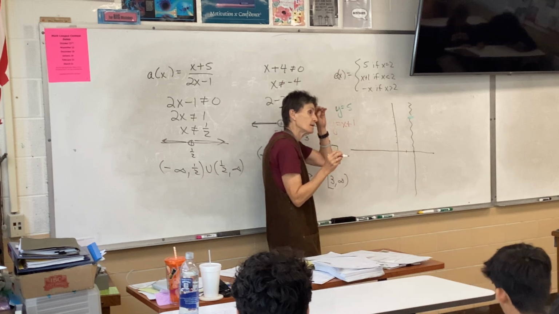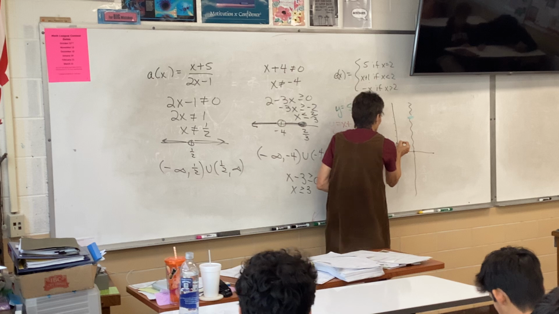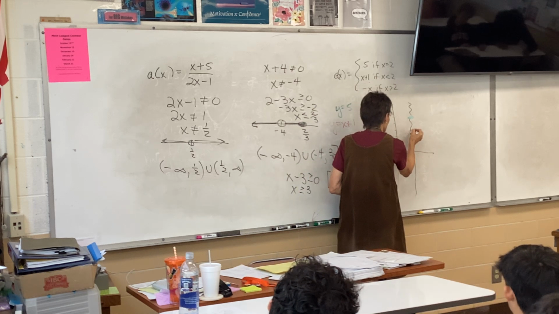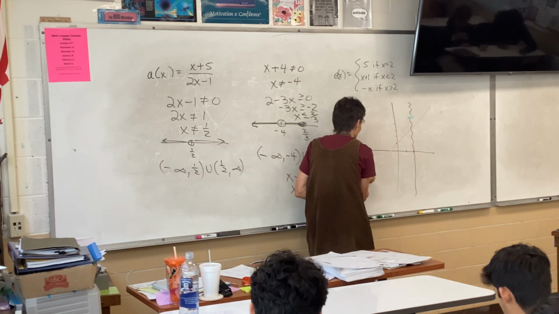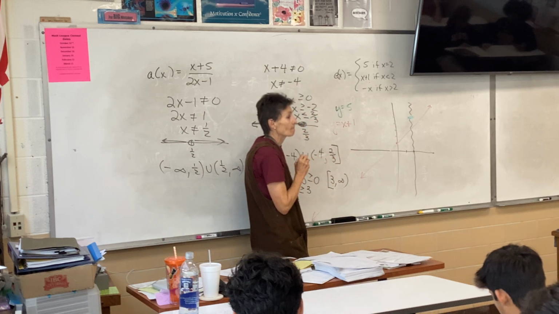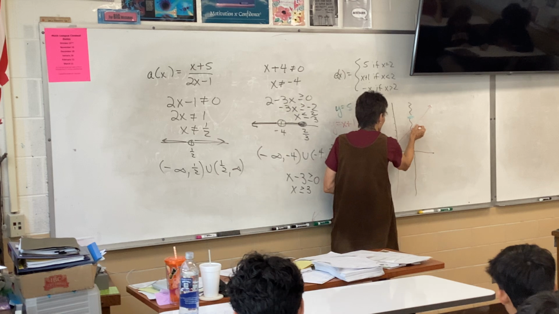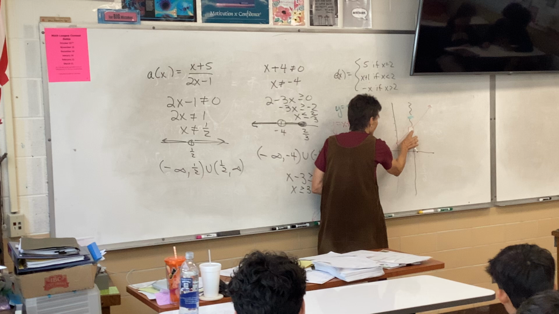Now wait a second. Line. X plus 1 is a line with a y-intercept of 1 and a slope of 1. So that line looks like this. It intersects the crack right here at an open circle.